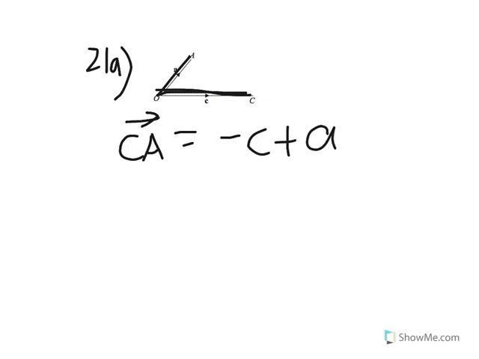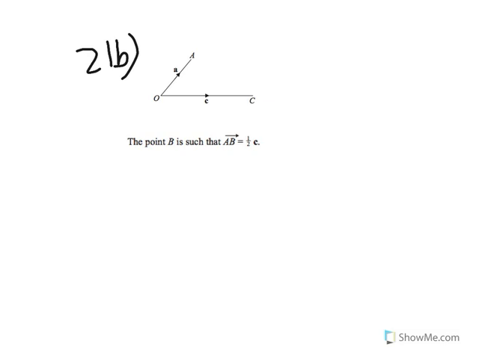And that's it. Okay, so for 21B, they say that the point B is such that the vector AB is equal to half C. Now you have to give a mathematical name for the quadrilateral OABC. We all know that B can be anywhere, but it's equal to half C, meaning to get to B from A, you have to go in this direction, because C has this direction over here. C is the horizontal direction, and C is a vector, so the direction does matter.